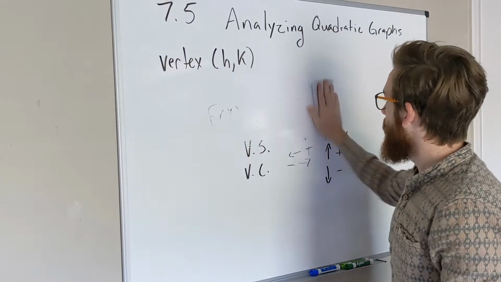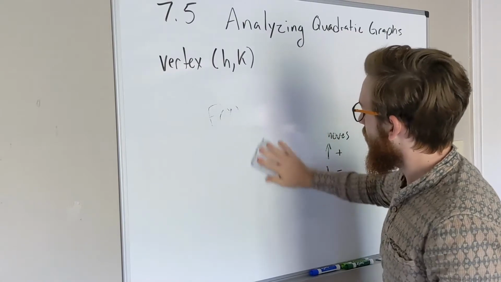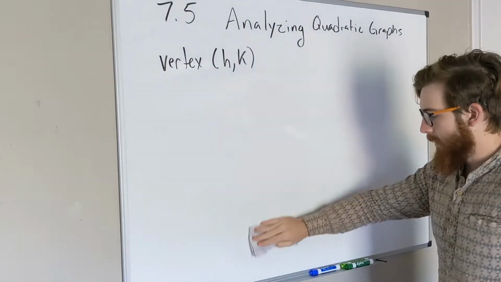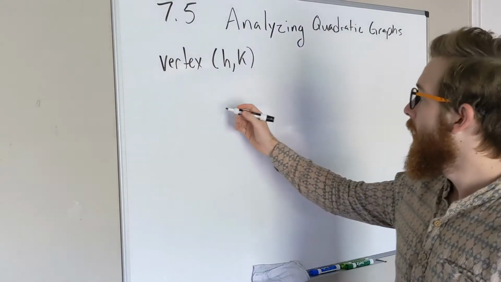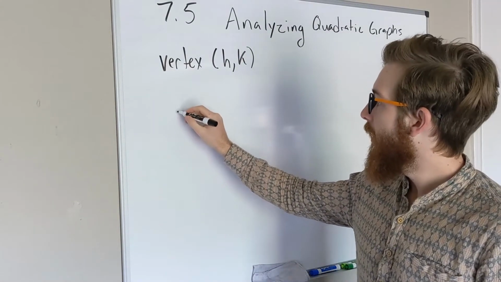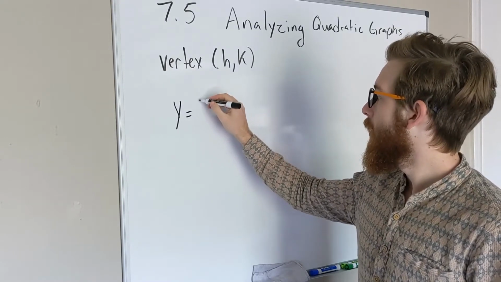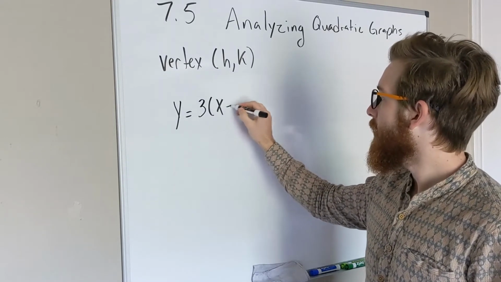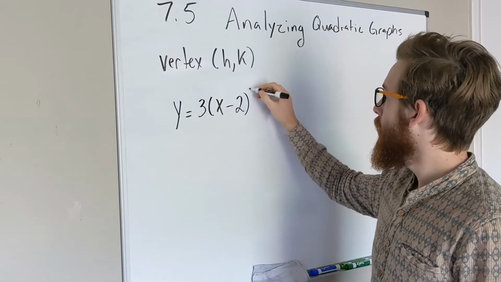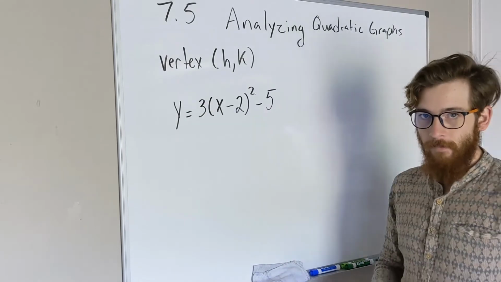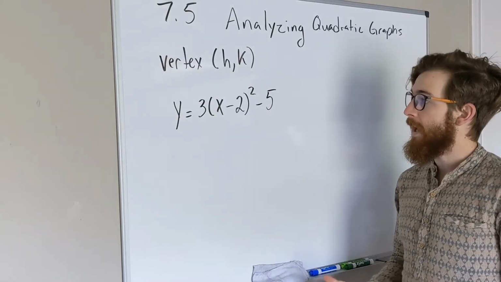Okay, so let's look at an example of this. Y equals 3(x minus 2) squared minus 5. So what transformations do we have?